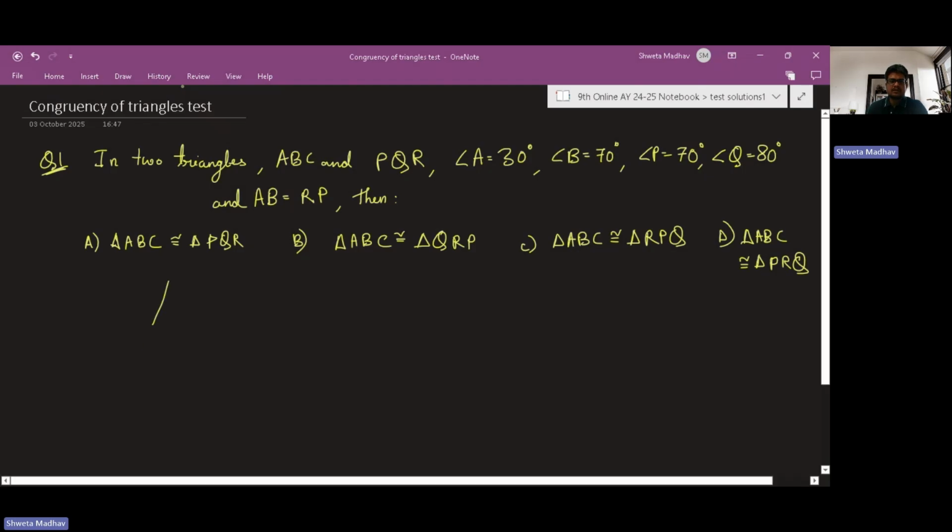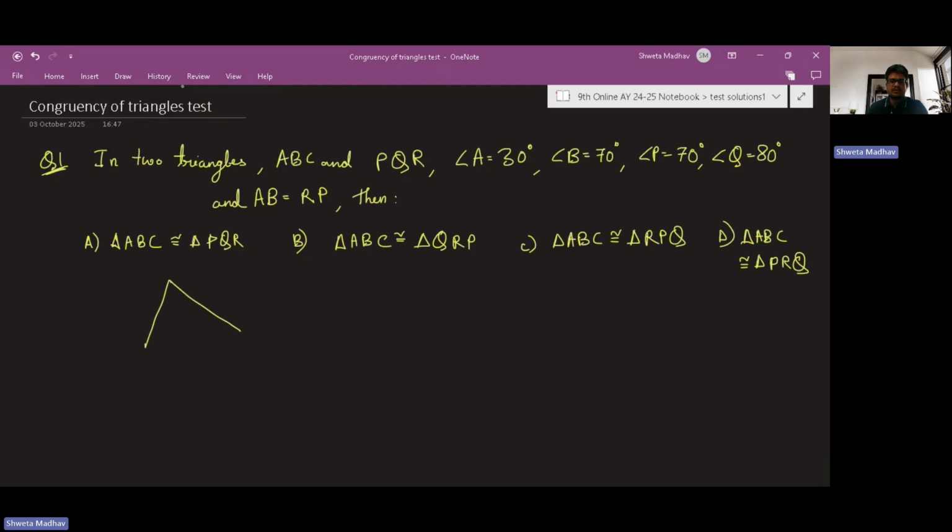So here we can see these two triangles, triangle ABC and triangle PQR. Angle A is 30 degrees, and angle B is 70 degrees, and angle P is also 70 degrees.